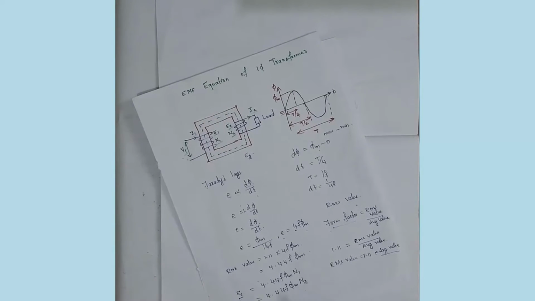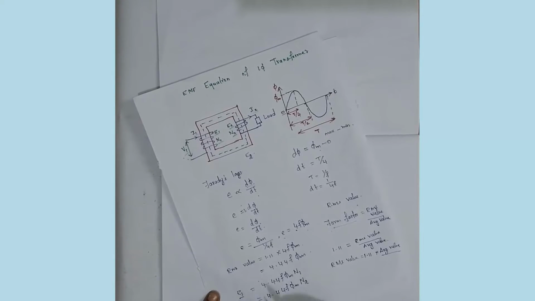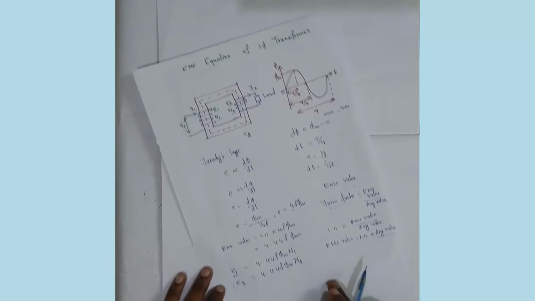These are the two values of induced EMF for the primary and secondary windings.